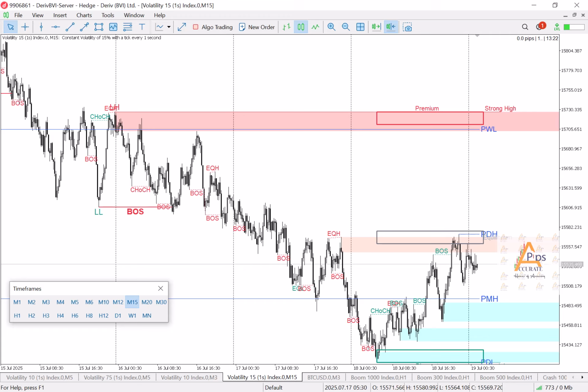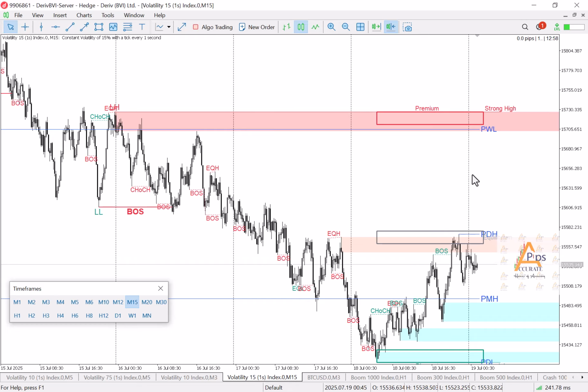Okay, H1, I saw that overall is so and so, internal is so and so, so that I have a fair idea. Now over here on 15 minutes, as we can see, our overall structure is still bearish and our internal structure is bullish, because we can see here we have shifted from bearish to bullish.